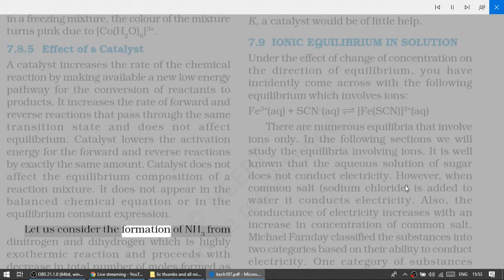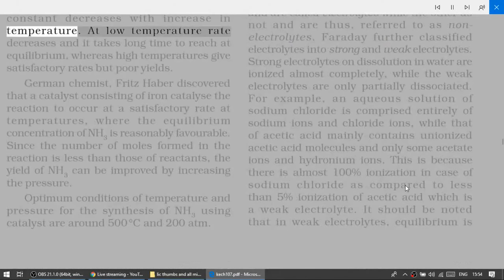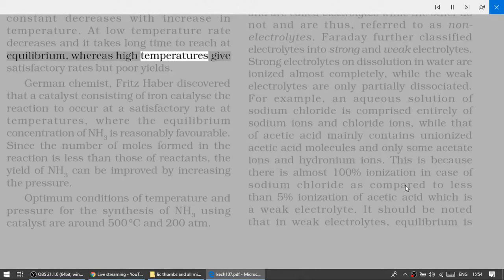Let us consider the formation of NH3 from dinitrogen and dihydrogen, which is a highly exothermic reaction and proceeds with a decrease in the total number of moles formed as compared to the reactants. The equilibrium constant decreases with an increase in temperature. At low temperature the rate decreases and it takes a long time to reach equilibrium, whereas high temperatures give satisfactory rates but poor yields.